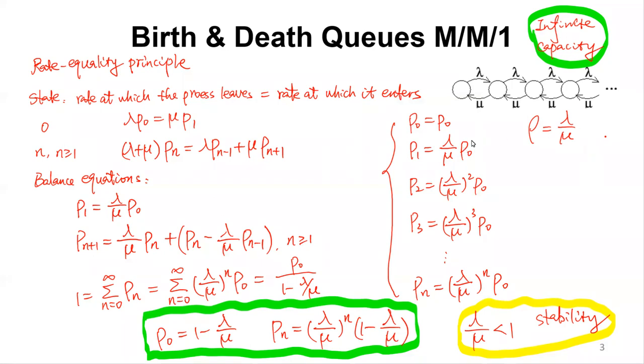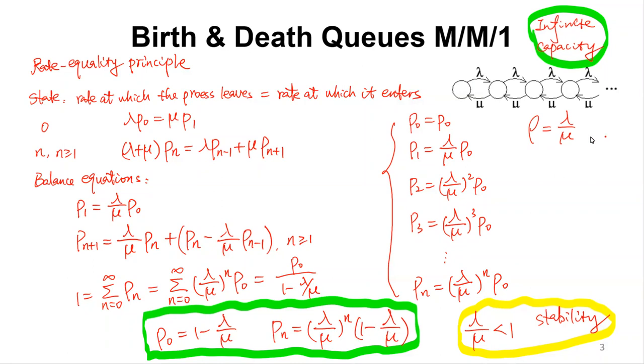Putting rho in, we have rho P0, rho squared P0 for P2, rho cubed P0 for P3, and rho to the n P0 equals Pn. That's the relationship between all the P1 to Pn and P0. They're connected through rho. Now, if we add all of them together equal to 1, we can solve for P0. P0 is 1 minus rho, and then Pn equals rho to the n times (1 minus rho).